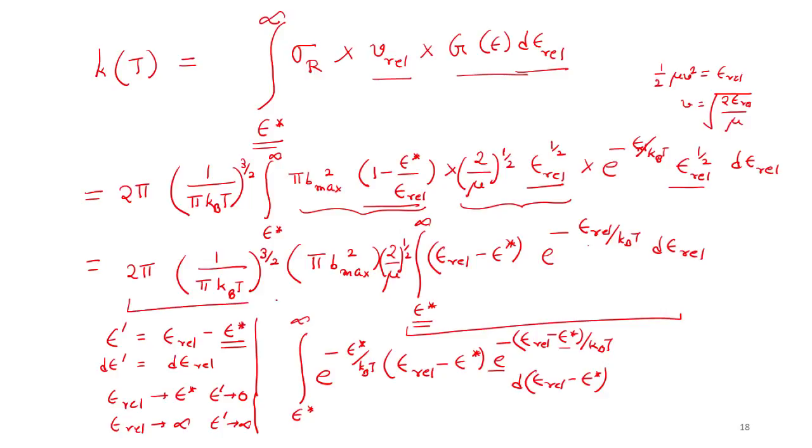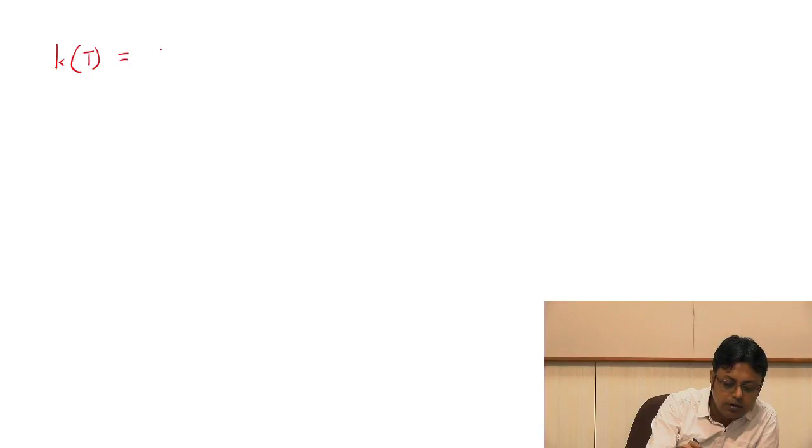will be nothing but, let us first write the constant, all these constants. So it will be 2 pi times 1 by pi kBT raised to the power 3 by 2.